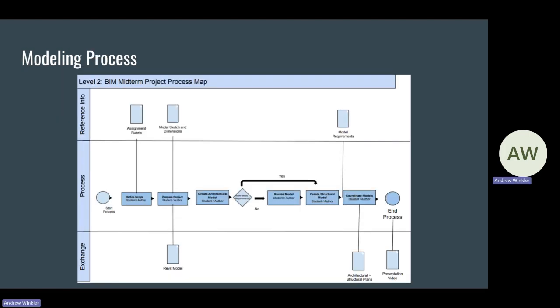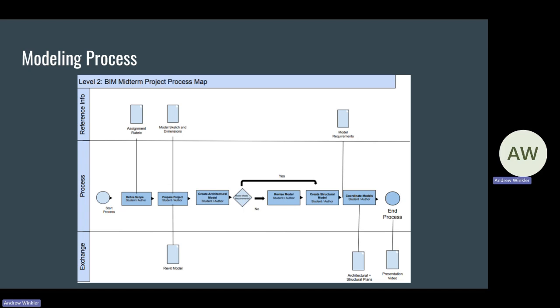So here is the modeling process that I did, and this is my project process map. I apologize if it's a little bit hard to read. I tried my best, but pretty much you start at the beginning of the process, and then you define the scope of the project.